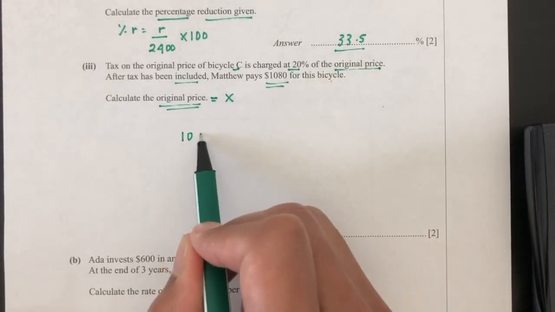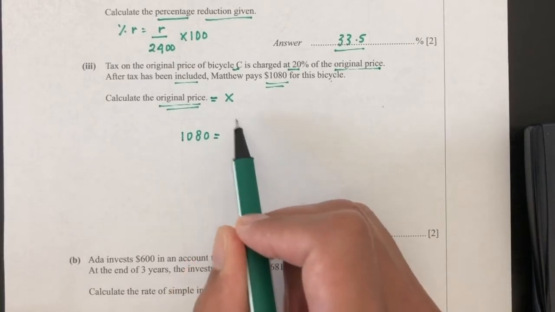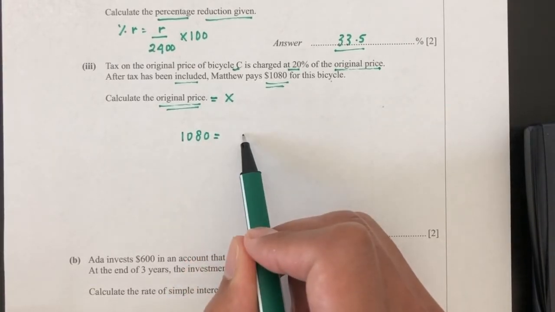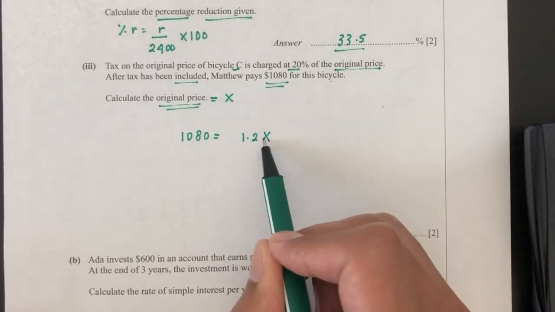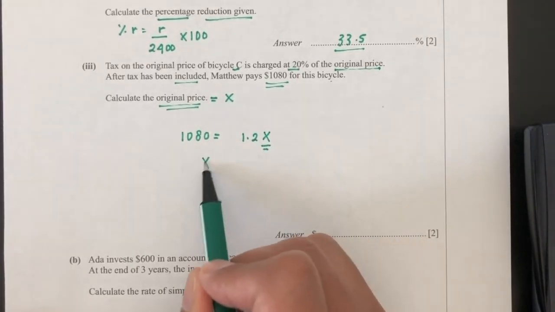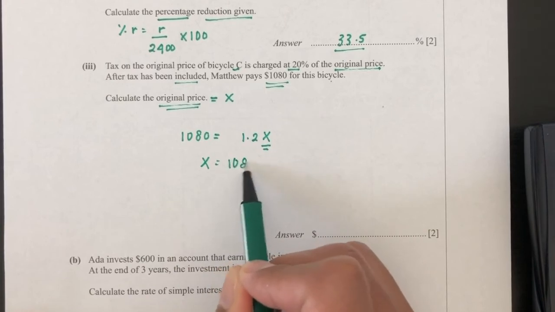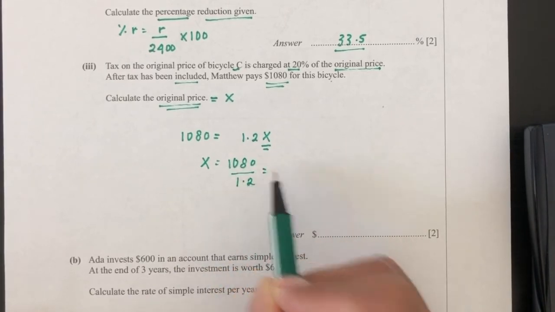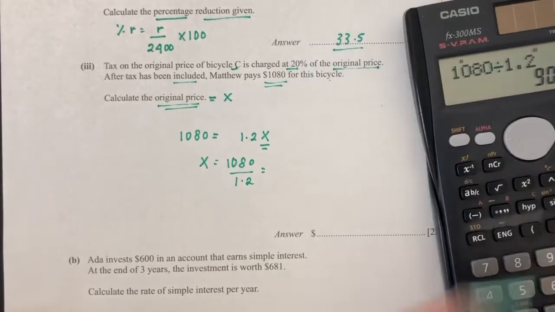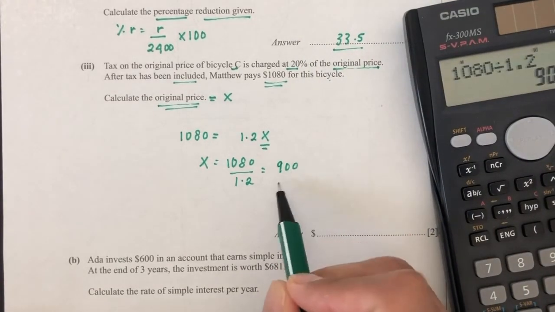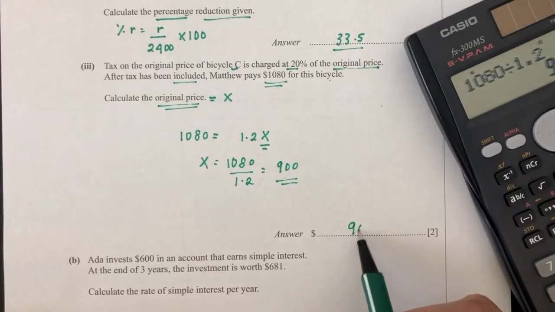So 1080 is equal to this price plus tax, it will be 1.2. 0.2 is the 20% X. So find the value of X. X will be 1080 divided by 1.2. That will be 900. So the price of the bike was $900.